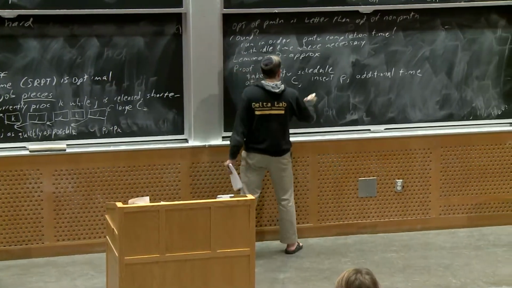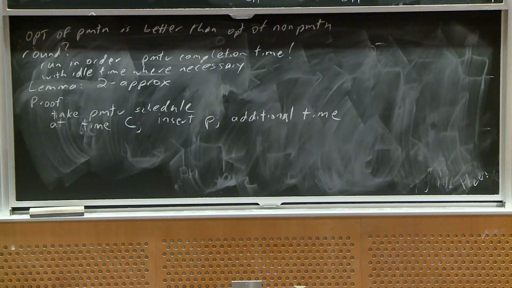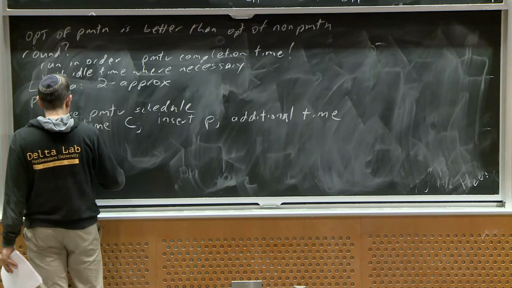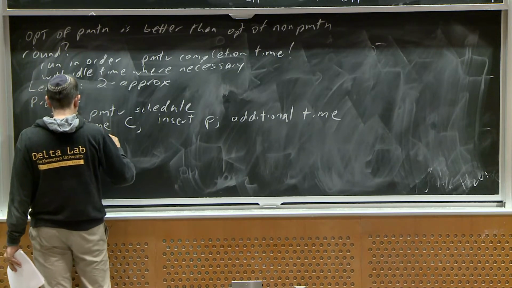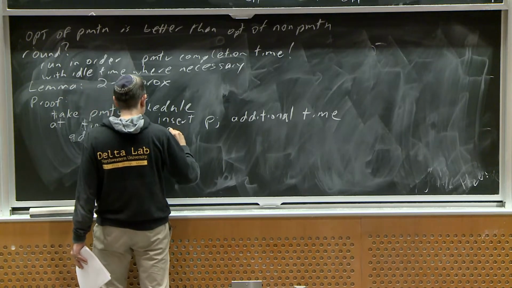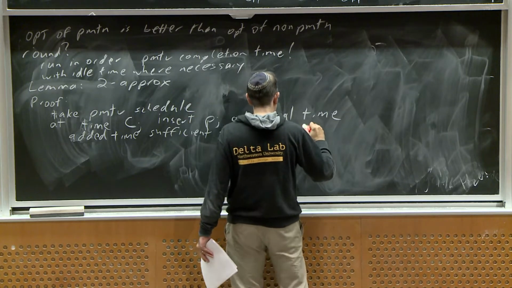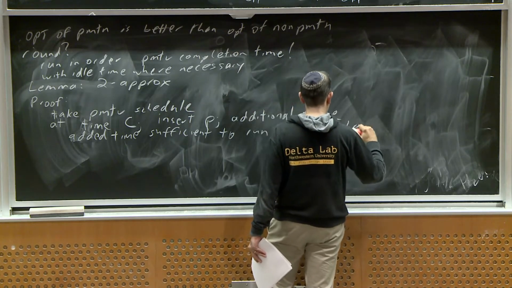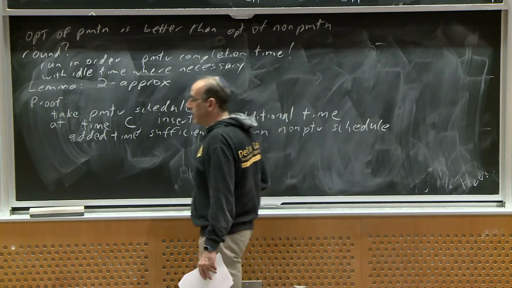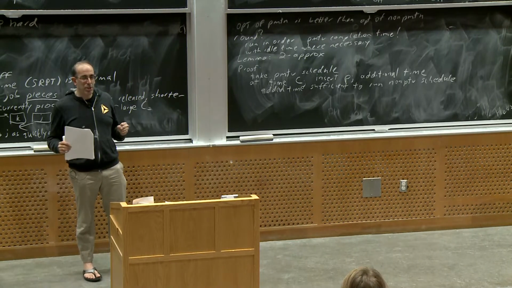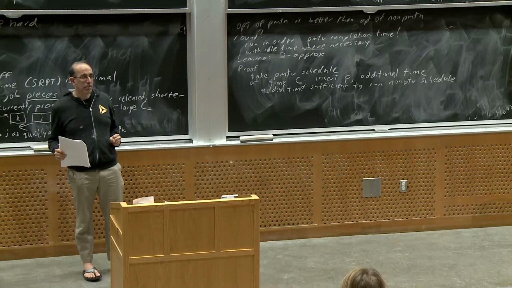On the one hand, I'm going to argue that inserting these p_j units of time makes it possible for me to run the non-preemptive schedule that I wanted. This inserted time is sufficient to run the non-preemptive schedule, because that p_j time that I just stuck into the time interval is enough time to run job j, right?